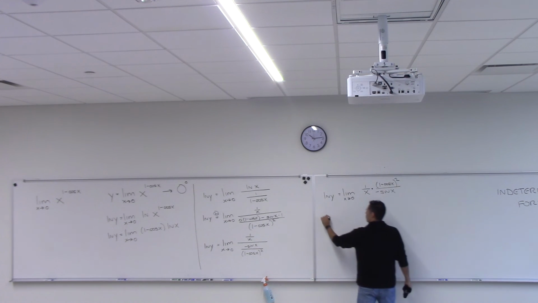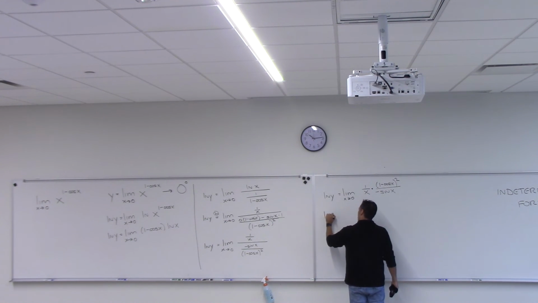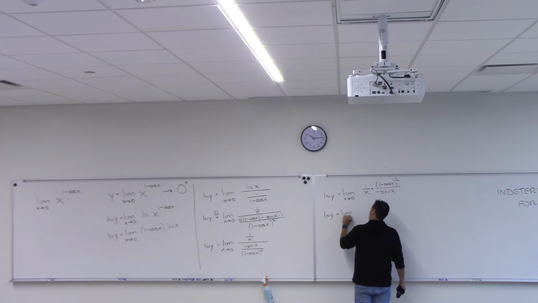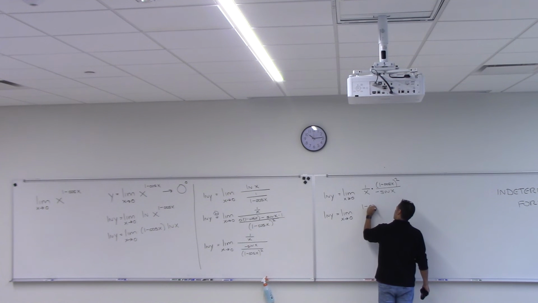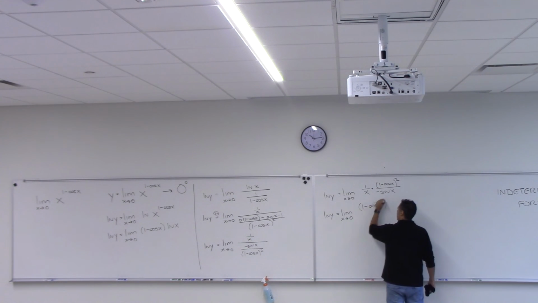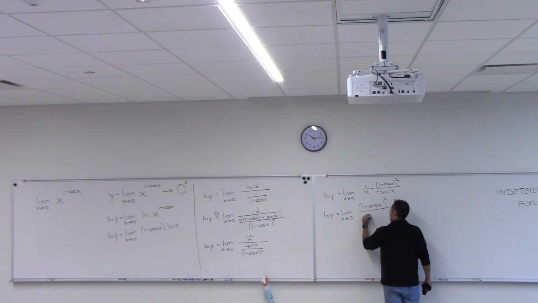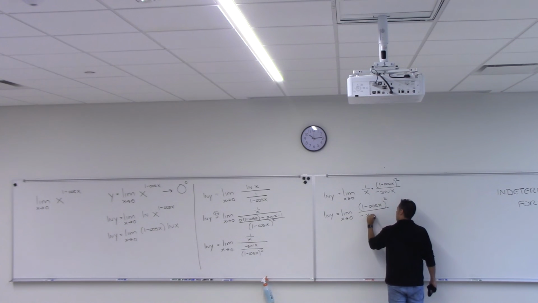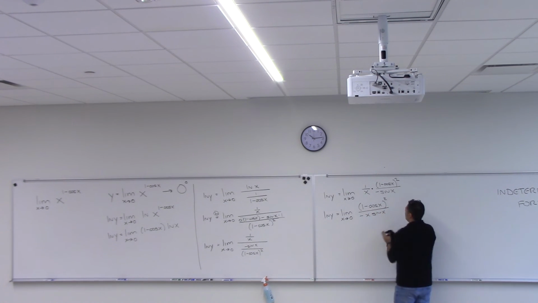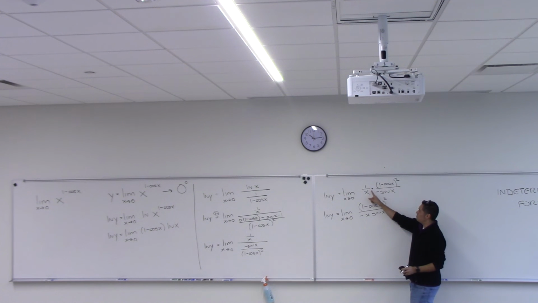I'll just clean it up. One more line. Natural log y equals limit x goes to 0. On the top, I have 1 minus cosine x, that quantity squared, all over negative x times sine x. So I just put those two together, right? This is multiplication, so you're multiplying these two, which gives you this.